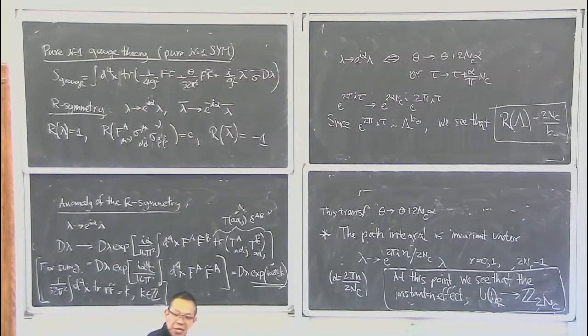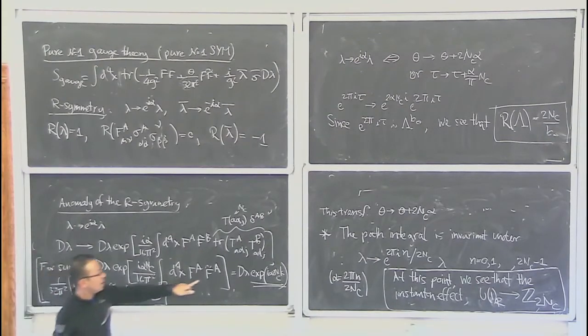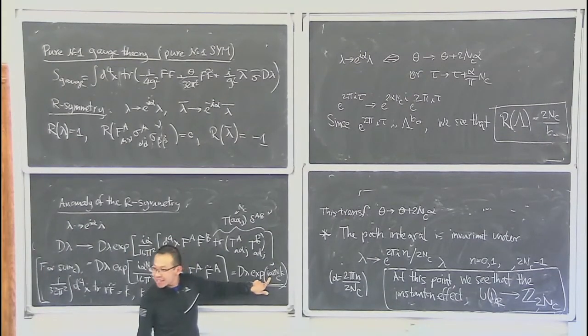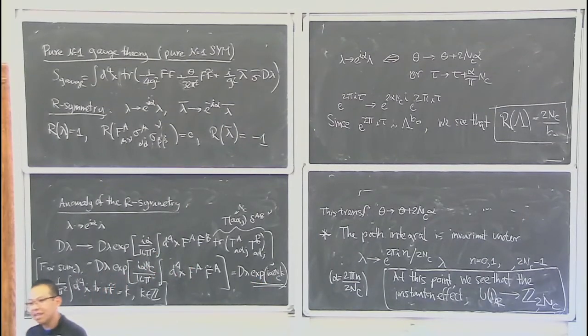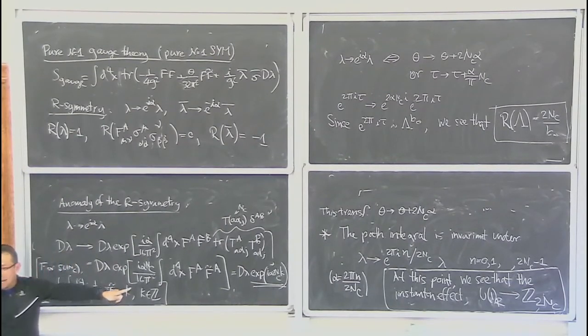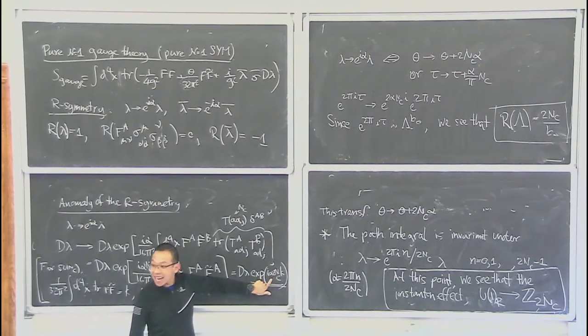It's a symmetry, but it's anomalous. Anomalous symmetry doesn't mean that you cannot do it. Anomalous means that you have two ways to view it: the current is not conserved, and the path integral is shifted. And that's how this shift luckily makes you able to absorb any shift in theta. That's the whole point of this anomaly.